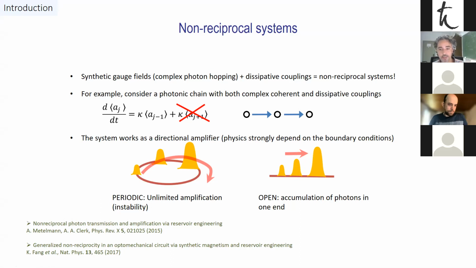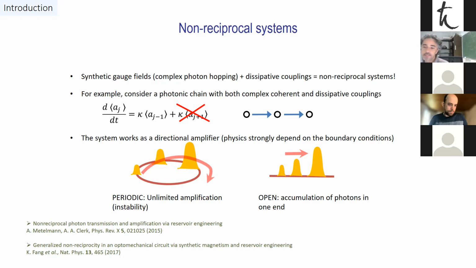In particular, you can easily understand that the effect of directional amplification depends strongly on boundary conditions. If you have periodic boundary conditions, then you would find that a coherent signal would amplify forever. And actually, we would expect that a system that acts as a directional amplifier should be unstable if you consider periodic boundary conditions.